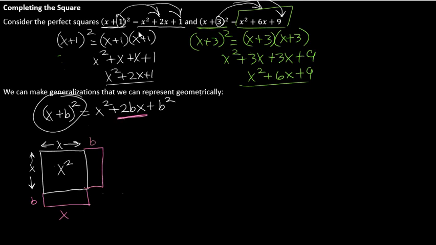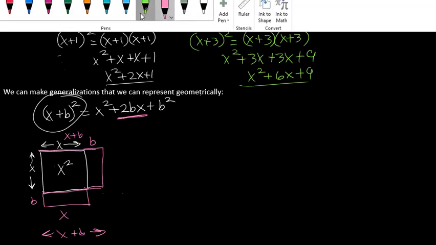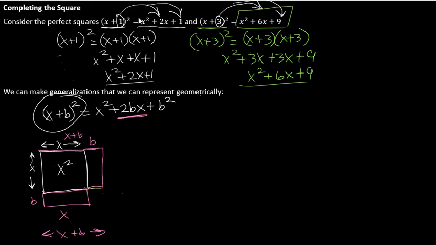So this guy would also be b, meaning that this whole side here is equal to x plus b, and this whole side here is x plus b long as well, right? Well, what about here in this little corner? Well, this would be b, and this would also be b in length, making this little guy b squared.